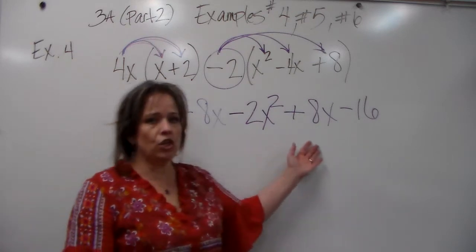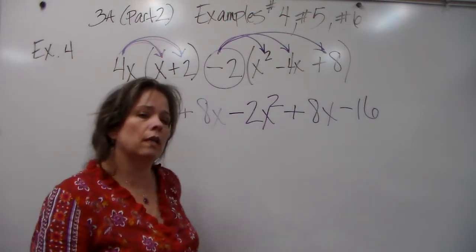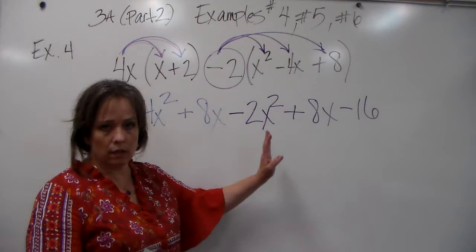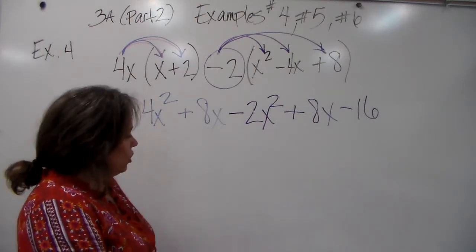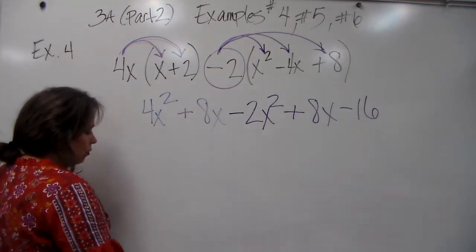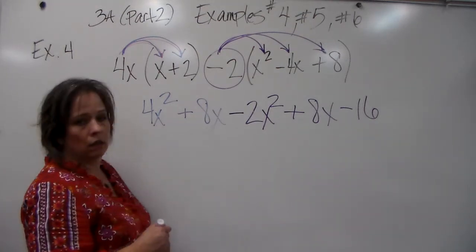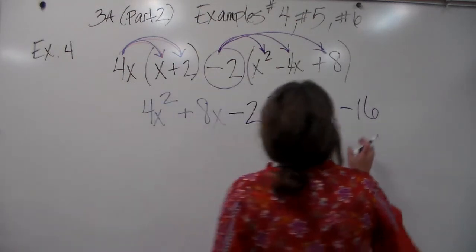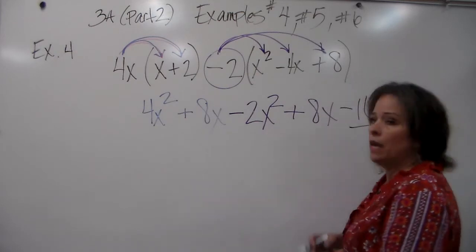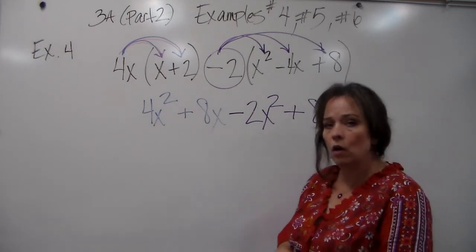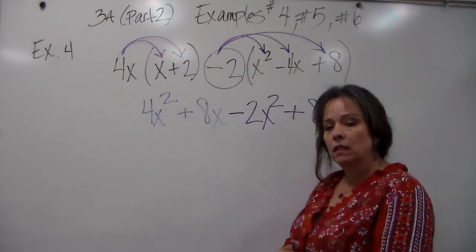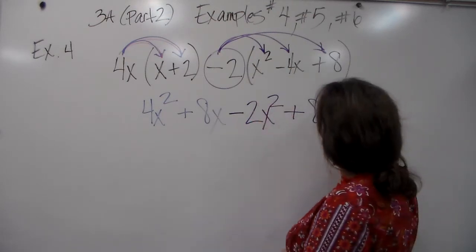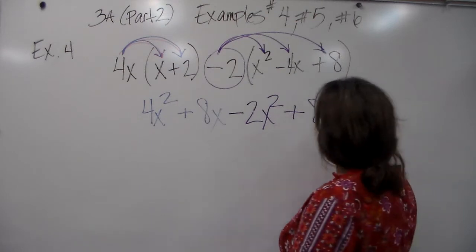And so I'm going to show you a different way that we can show categories for our terms. Okay? So for our constants, we can just underline those constants or those terms that don't have a variable. When we have an x, that's an x to the first power or just an invisible x, we can circle that term.